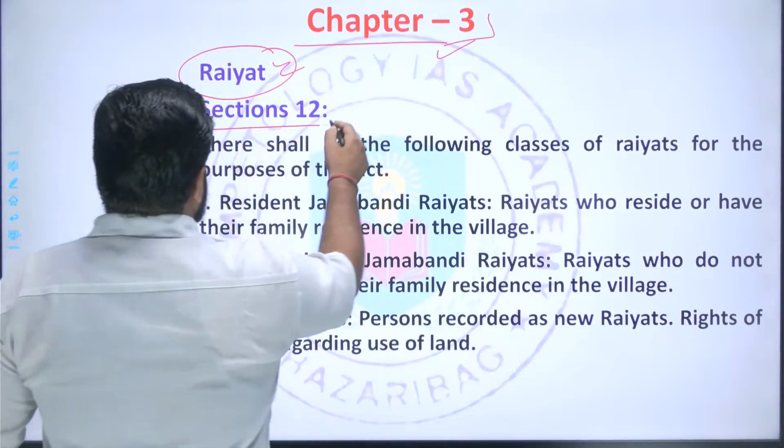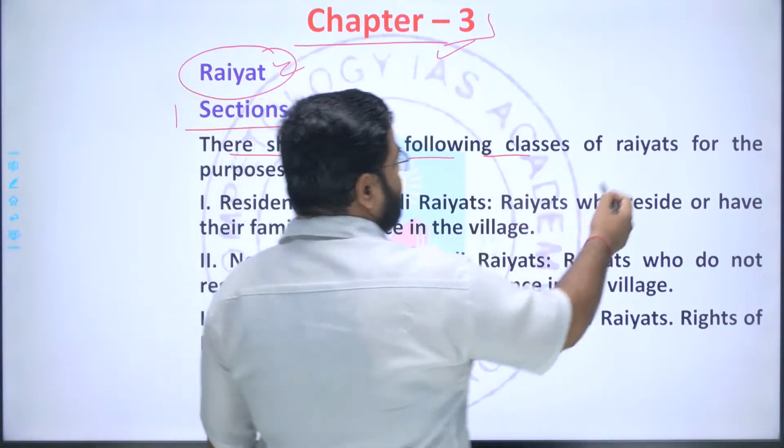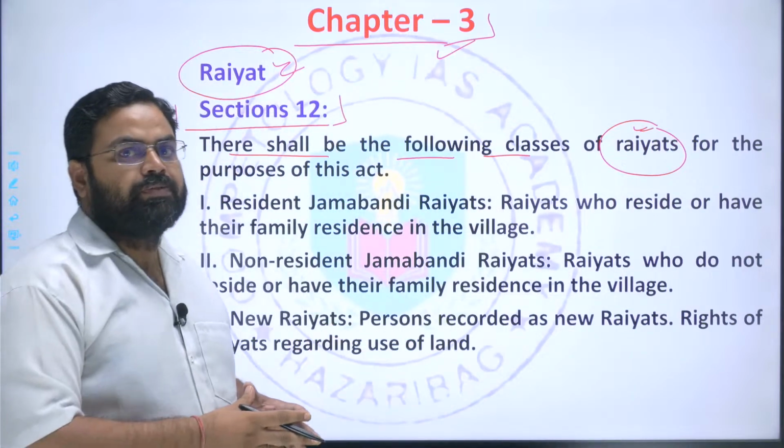Section 12 says that there shall be the following classes of raiyats. Different classes of raiyats are there, classified into different groups.